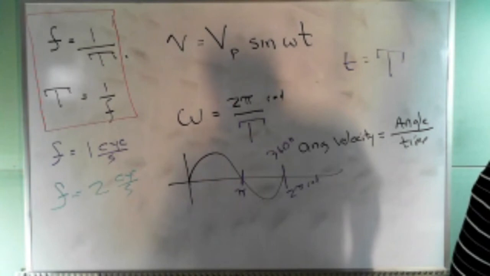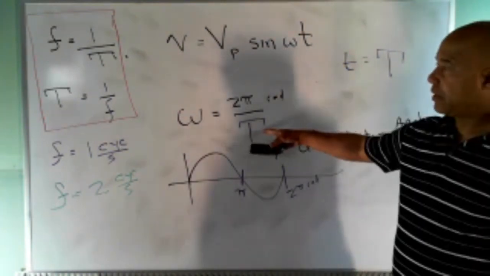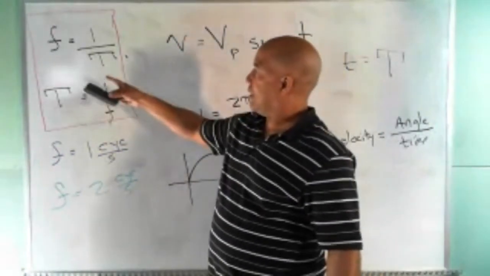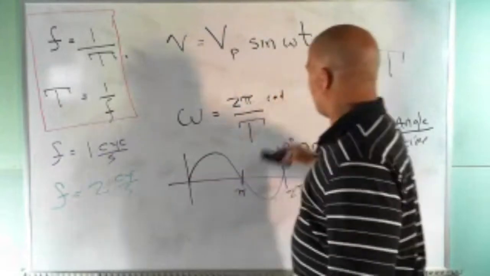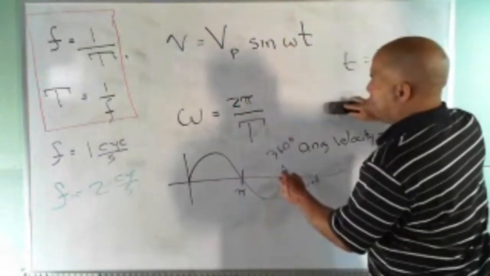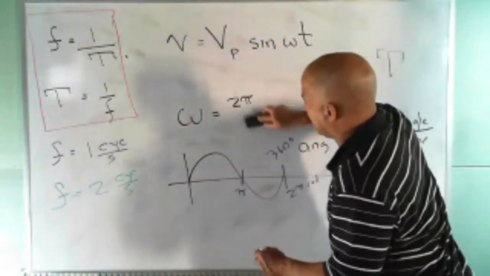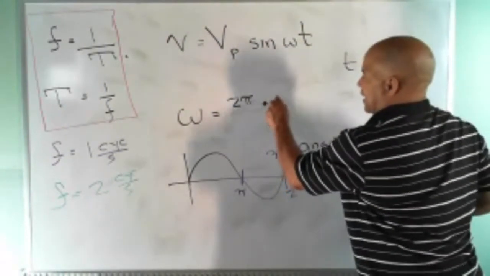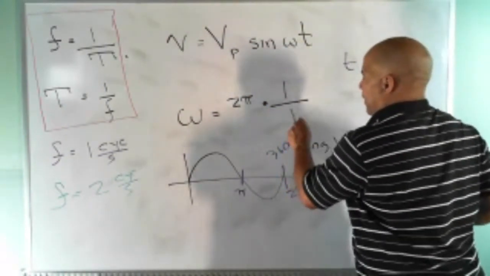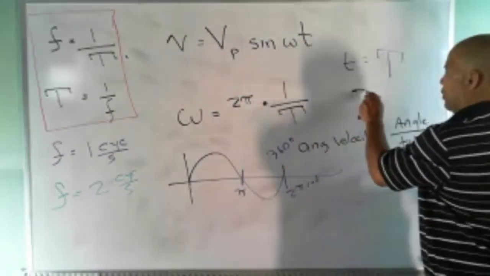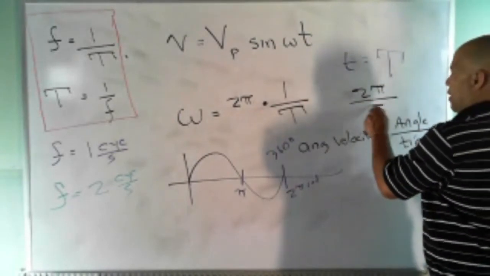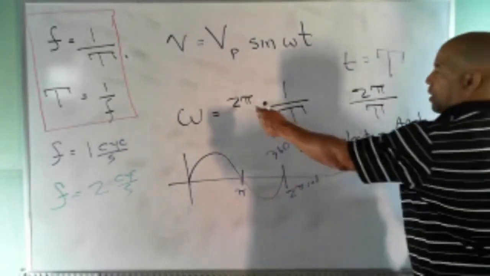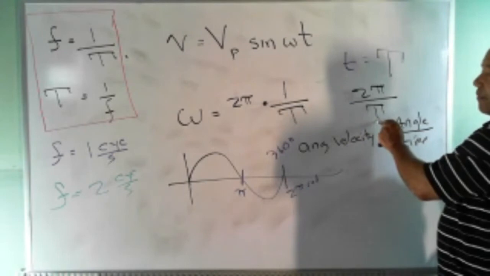Now, if you look at this, and then look at that, you gotta pull this off a little bit. Let's say I get rid of that, and I write this as 1 over the period. That's exactly the same. If I multiply that by that, I get this thing back.